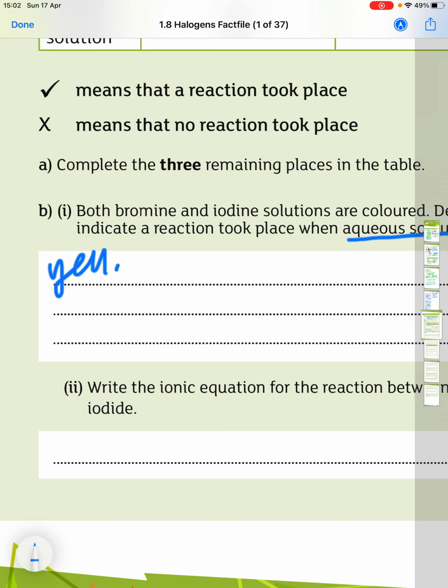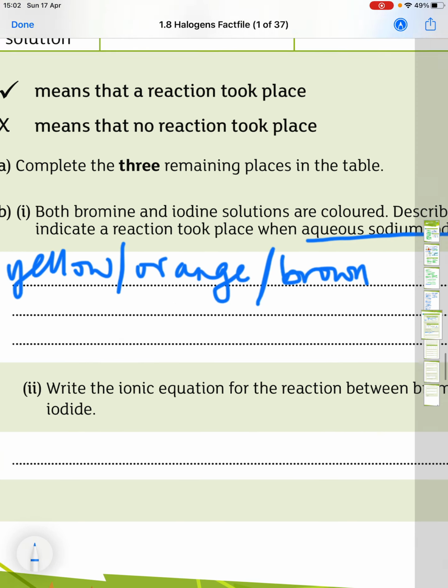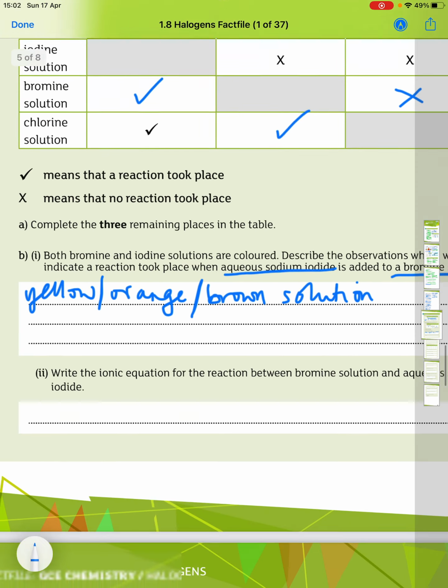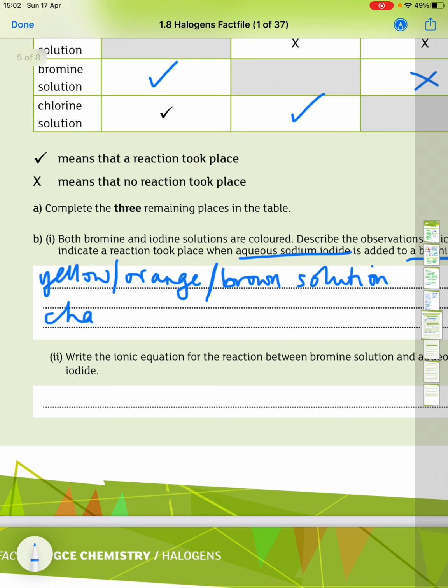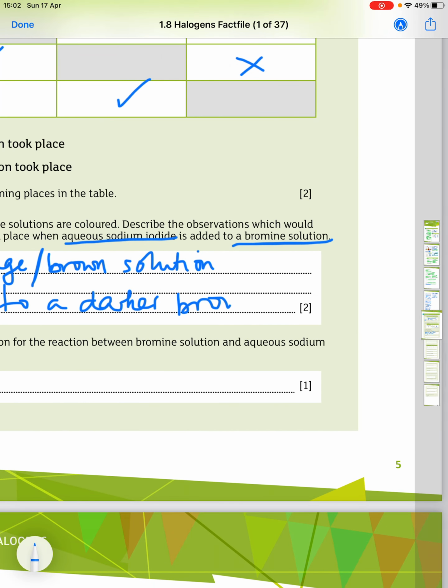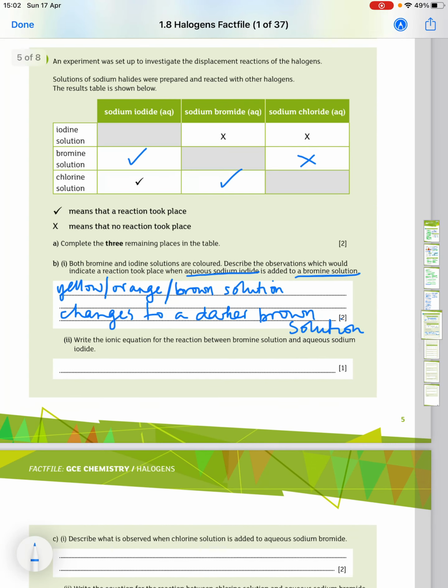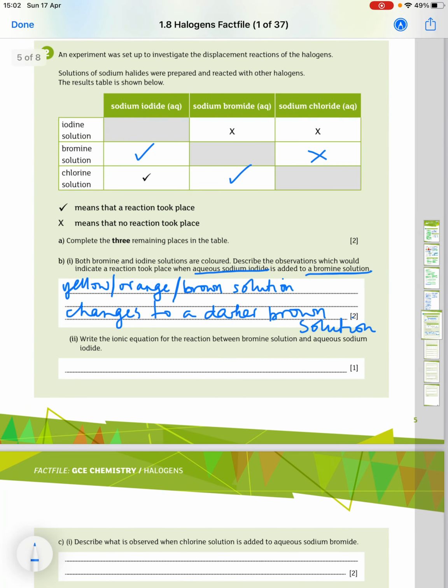So the bromine solution is starting as, you could say, yellow or orange or brown solution, and it changes to a darker brown. So we've got a yellow, orange, brown solution changes to a darker brown solution.